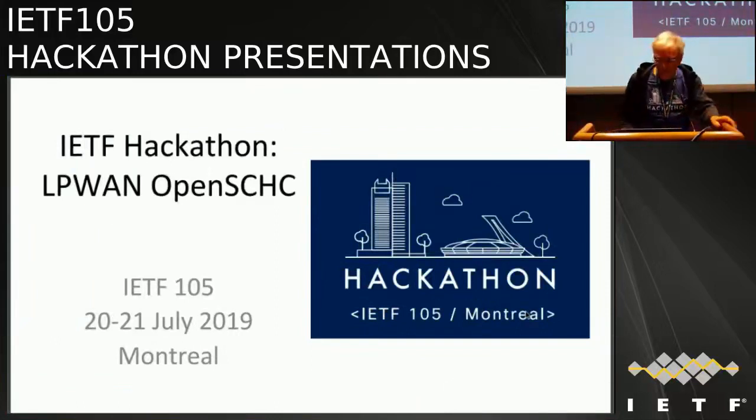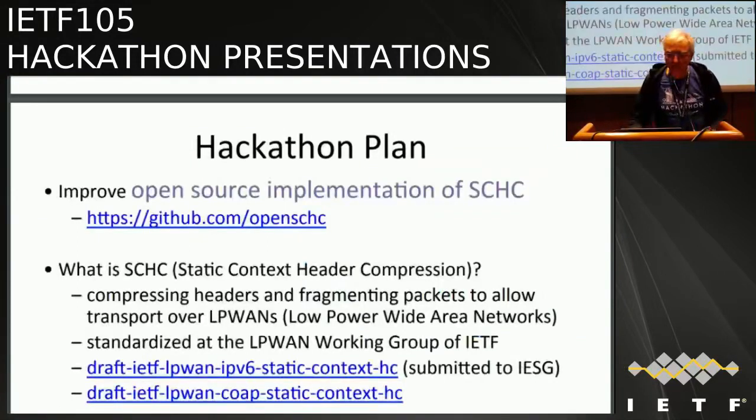Good afternoon. This is a report from the LPWAN open hackathon table down in the back. At this hackathon, similar to the previous few hackathons, our goal was to improve the open source implementation of SCHC. SCHC is a protocol defined at the LPWAN working group.